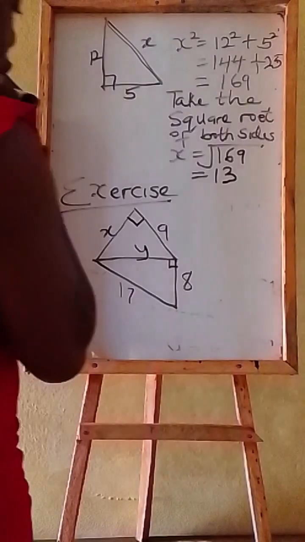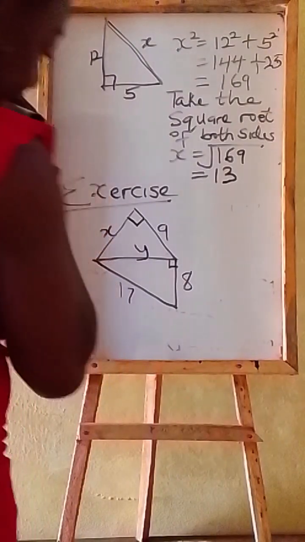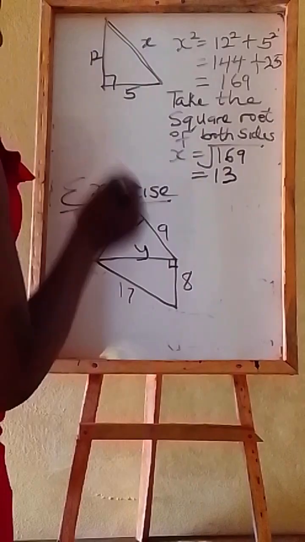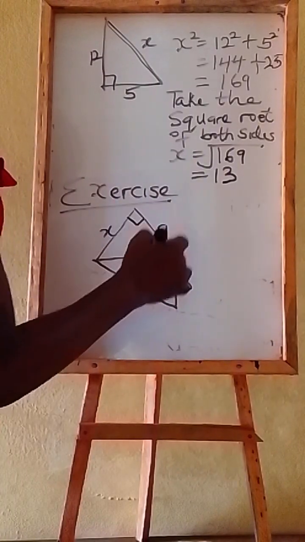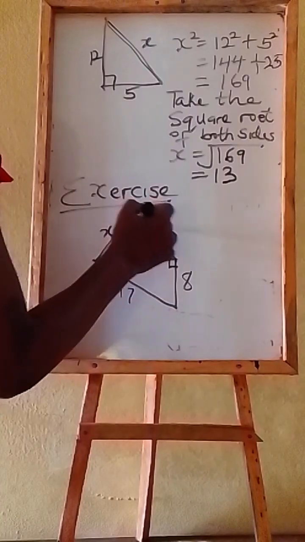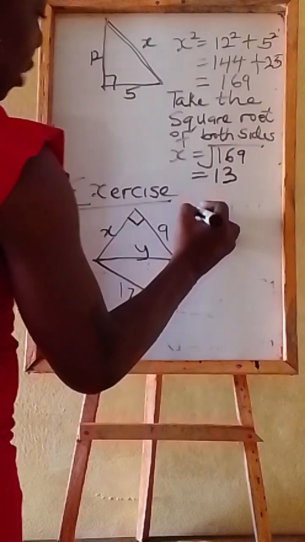And how will you know which one is the longest side? Wherever the square faces, look at it. Wherever the square faces is the longest side. Please take note.